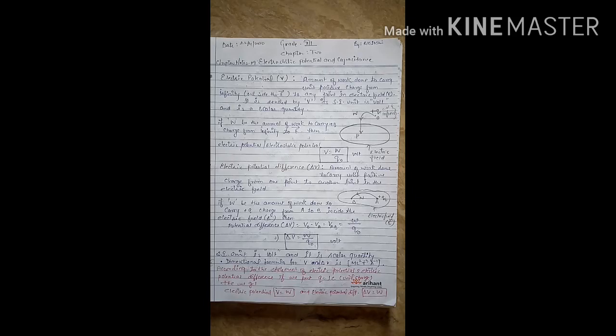First of all, we will discuss the first topic, electric potential. Electric potential is the amount of work done to carry unit test positive charge from infinity to an electric field. It is denoted by V, and the SI unit of electric potential is volt, and it is a scalar quantity.